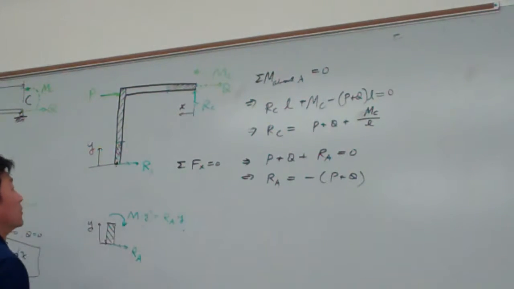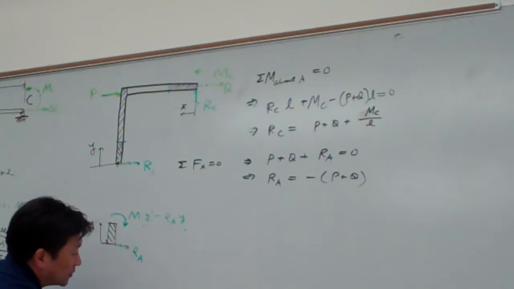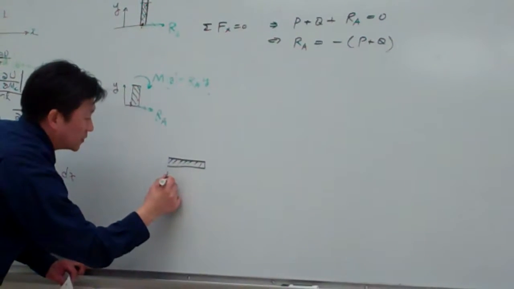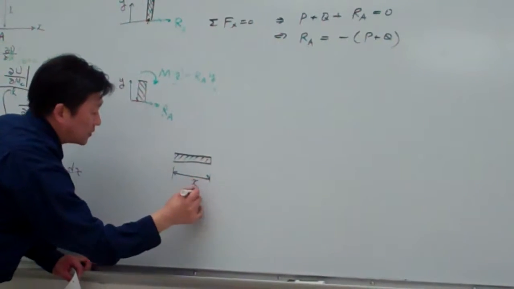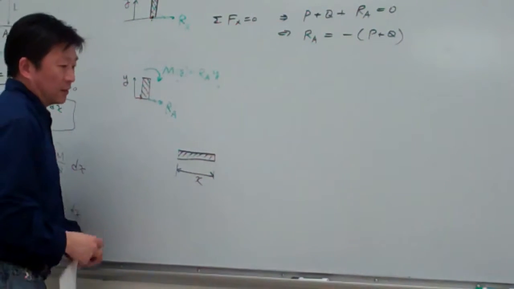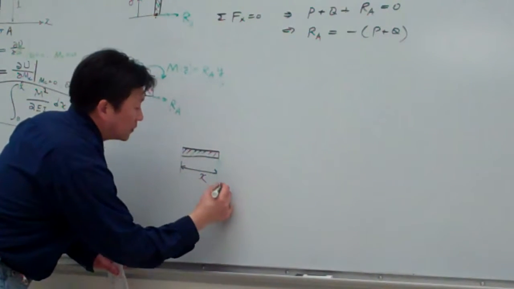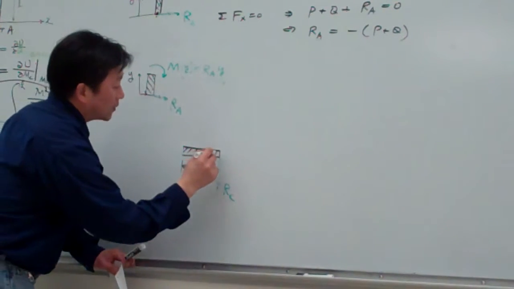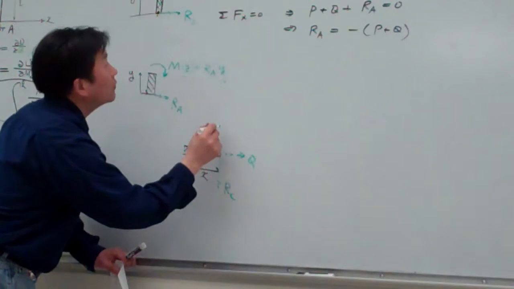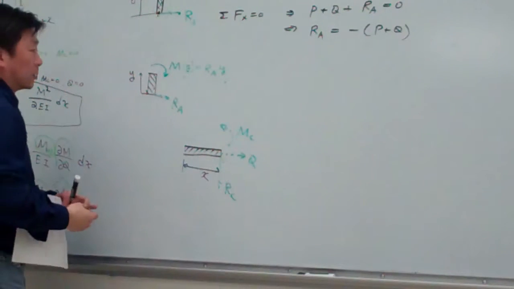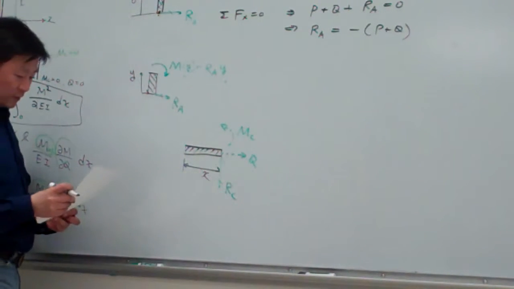So for portion BC, that is our free body diagram here. So this is x, and then our loading case, this is RC, and this is Q, this is MC.